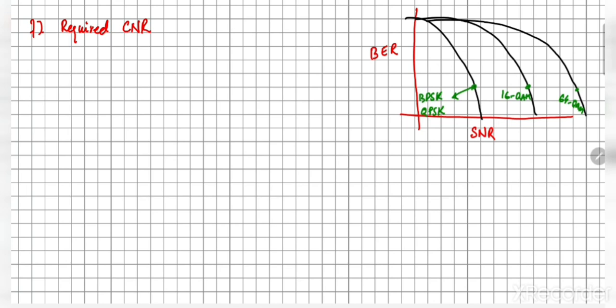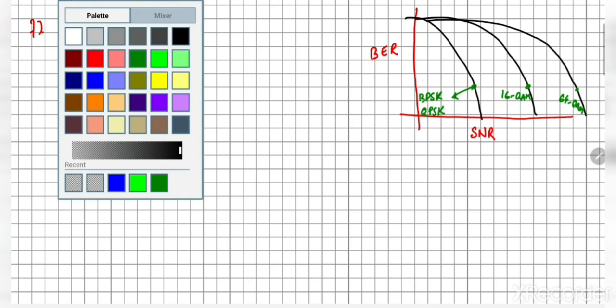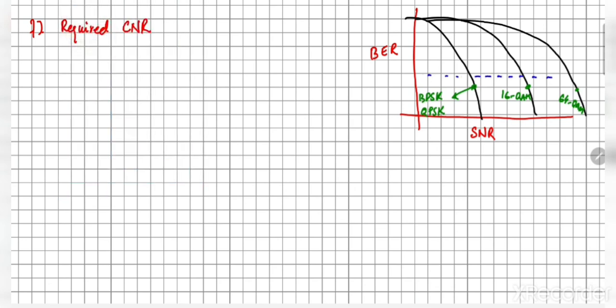If, for instance, we define the reference BER to be this value, and we read the x-axis corresponding to this particular modulation scheme, and for instance, let's say I know that in order to reach a BER of 10 power minus 5, the BPSK and QPSK modulation schemes typically require an SNR of 9 dB.